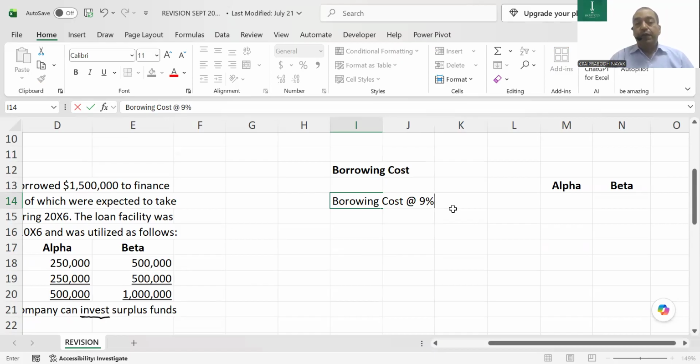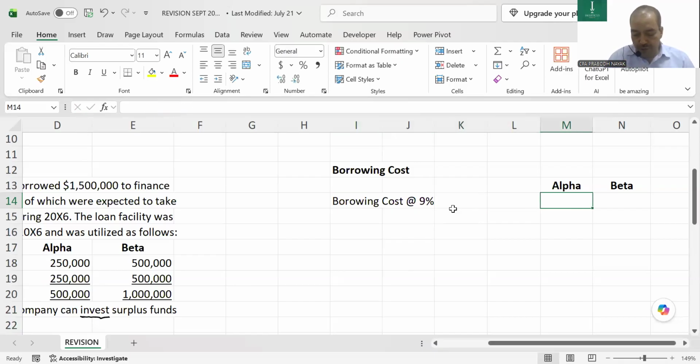Now, 9% of the total amount of loan spent on alpha, that is $500,000, and 9% on the total amount spent for beta, that is $1 million. So 9% of $500,000 comes to $45,000. Then 9% of $1 million.